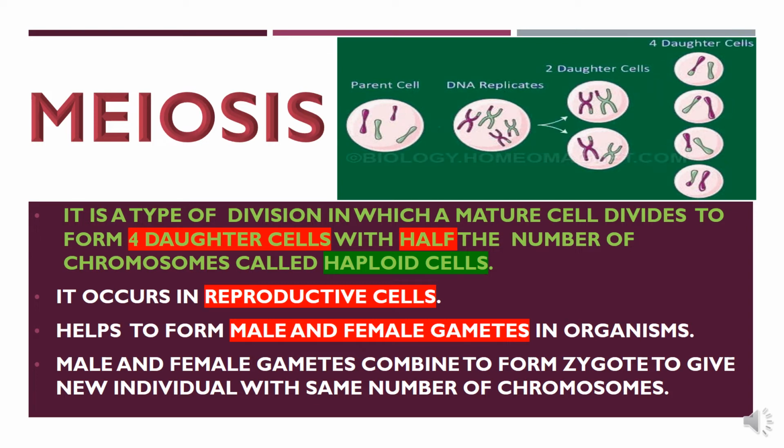So this is how meiosis is helpful to maintain the number of chromosomes equal in a particular species, generation to generation.